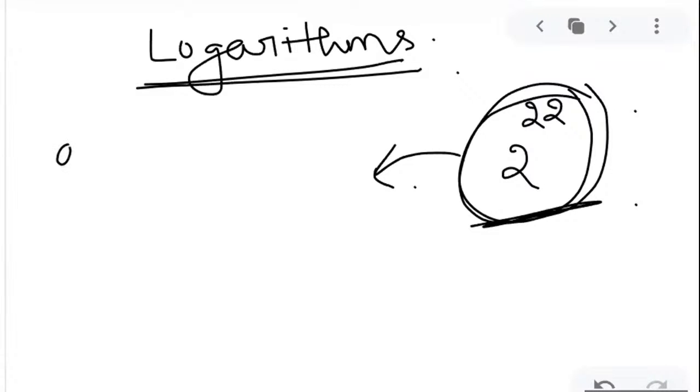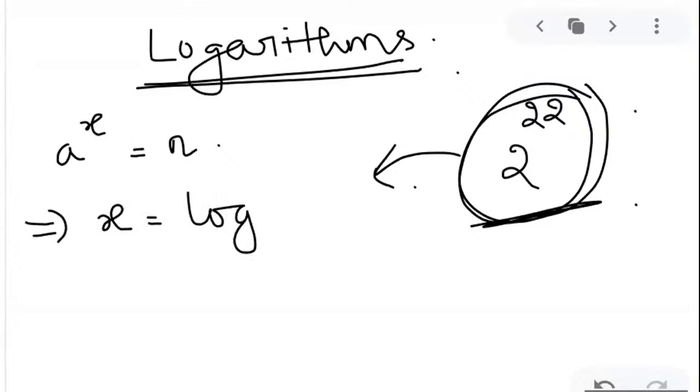Whenever you have a power x is equal to n, you can convert this into x is equal to log n to the base a. This is logarithm of n to the base a. That is how it is called.